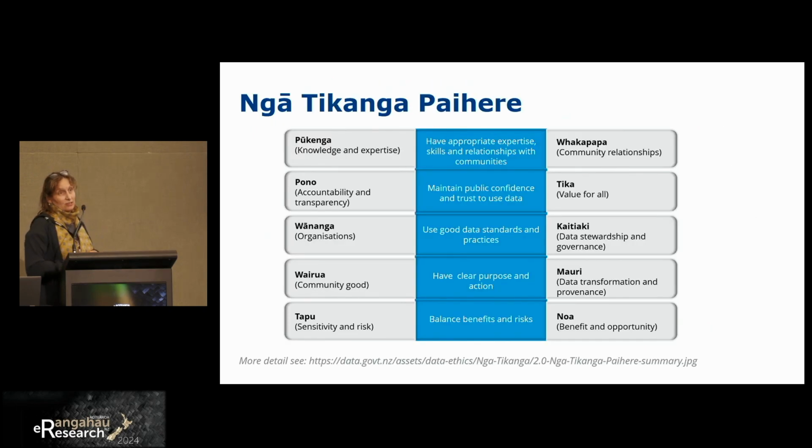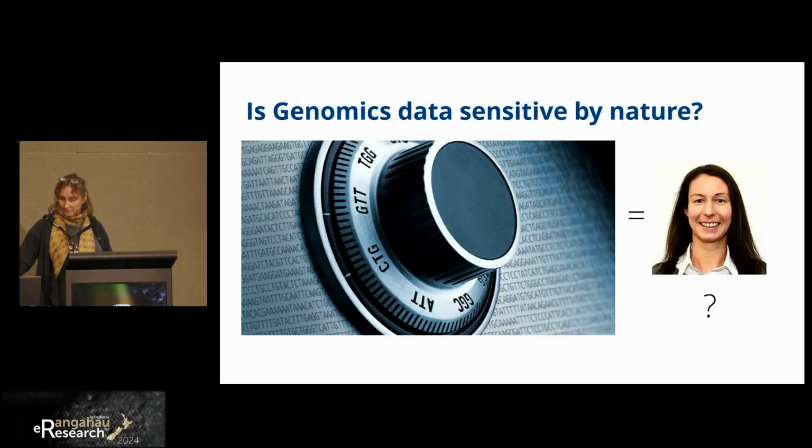And actually, locally here in Aotearoa, there's the Ngā Tikanga Paihere framework, and that has actually been mapped by Stats NZ to the 5 Safes framework. So that's me. I'm going to leave it there in terms of international examples. If you know things that are really good examples, feel free to put them in the Padlet. And I'm going to hand over to Claire to talk about genomics data. And is it sensitive?